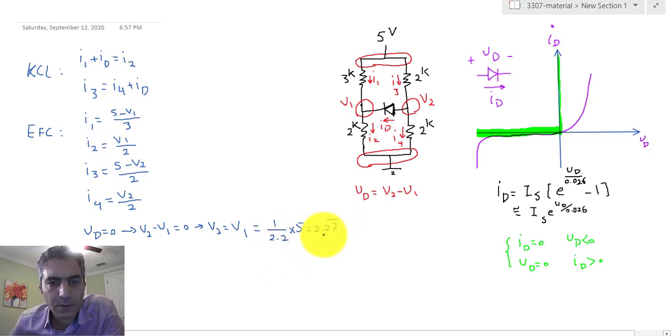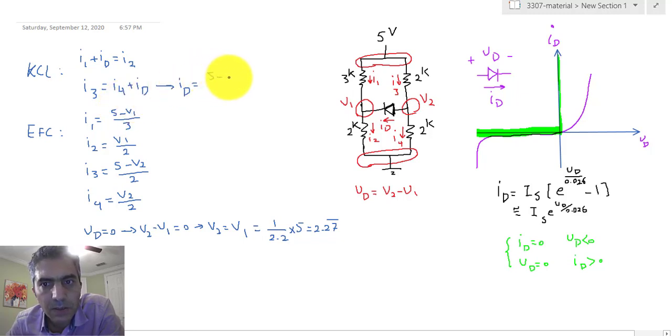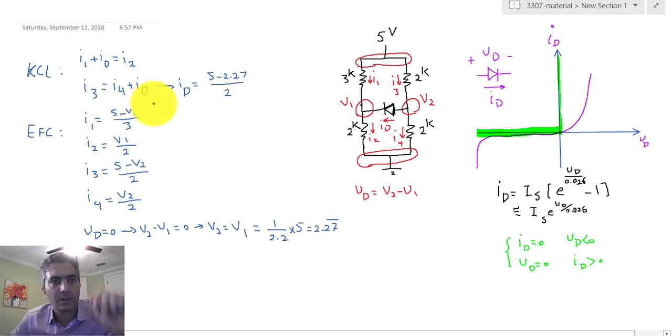And if you use that, then you can calculate I3 and I4, for example. So from this, ID becomes I3, which is 5 minus 2.27 divided by 2, and minus I4. Sorry.